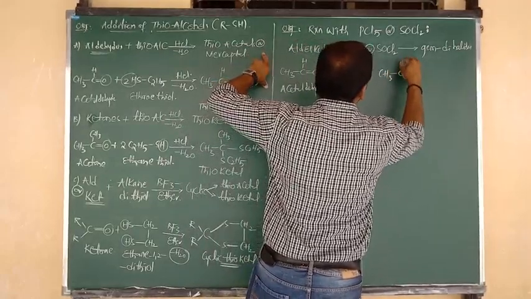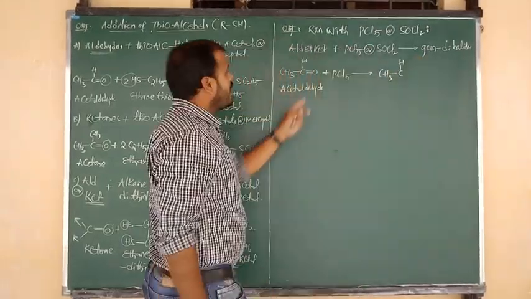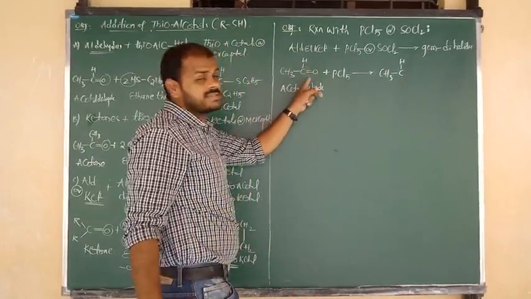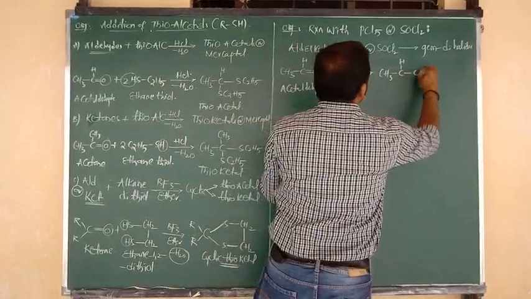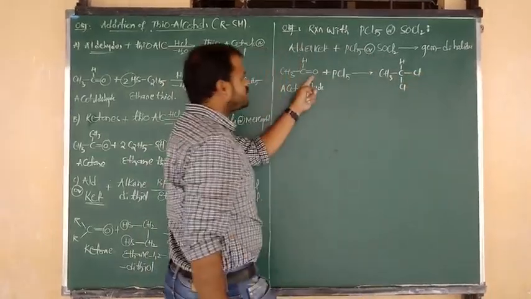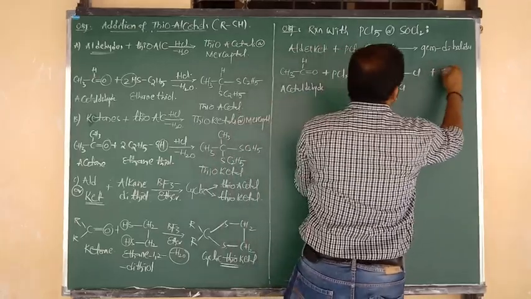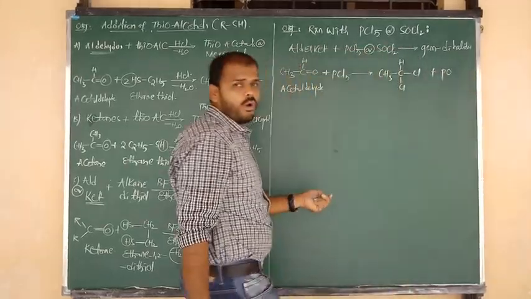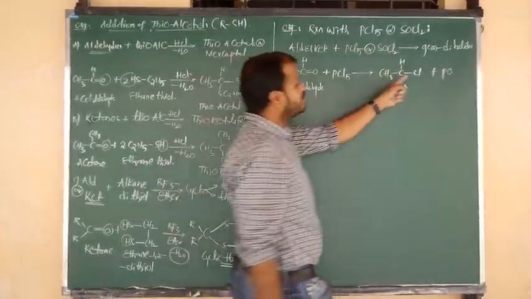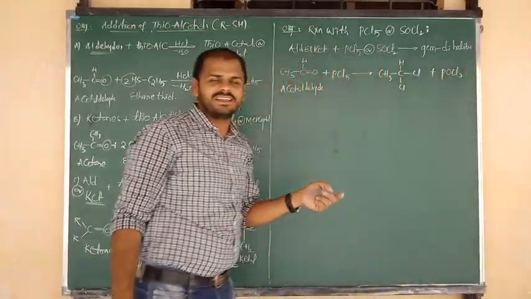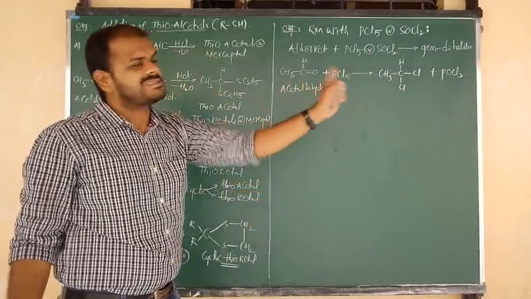CH3 bonded to C, with H above the plane. After removal of the oxygen atom, two bonds are there, and both bonds are attacked by Cl. What did you remove from here? Oxygen. That oxygen combines with P, so it is eliminated in the form of PO. Total 5 chlorines, 3 added here, 2 added here, remaining is 3. So POCl3, phosphoryl chloride, is the byproduct.